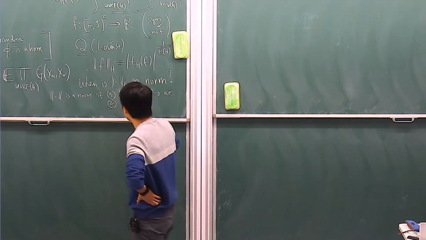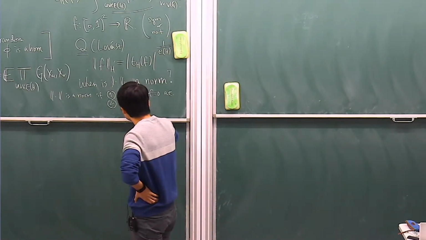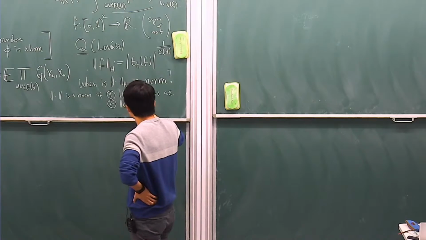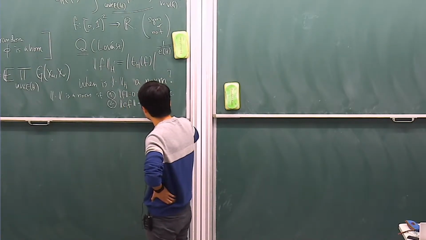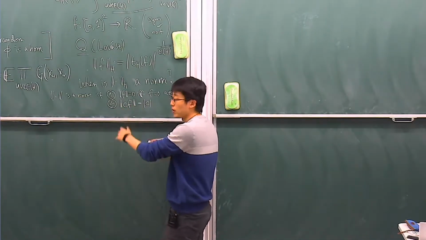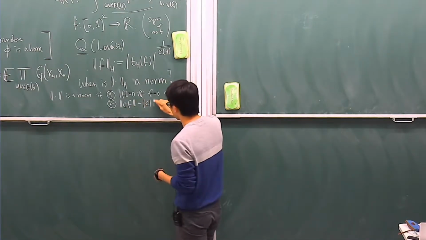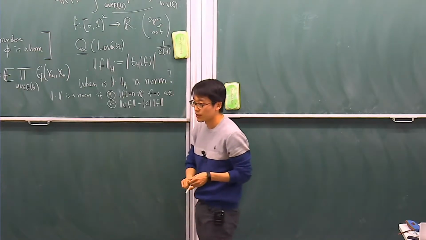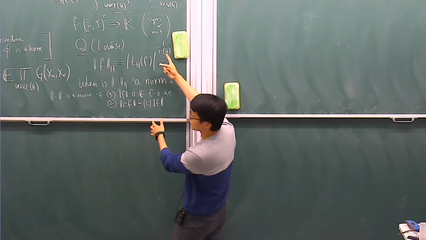Second, a constant c times f has the constant pop out with absolute value, and to that end I normalize this term.